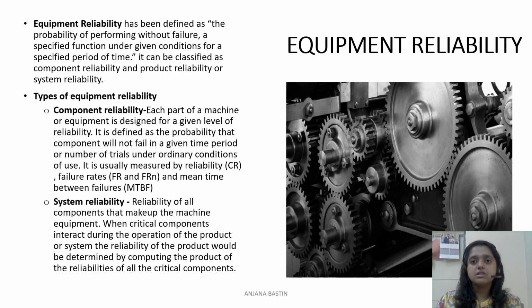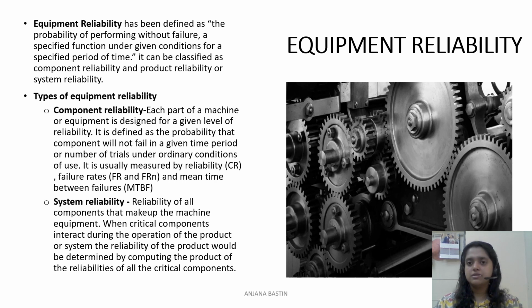If we understand whether all the components used in the machine are of good performance level, whether they can be relied upon, then we can easily understand how to go about the maintenance work, whether a component has to be replaced or not. You can usually measure this by reliability, failure rates, or mean time between failures.